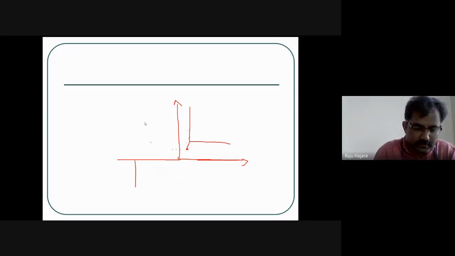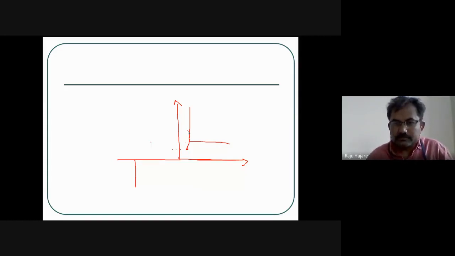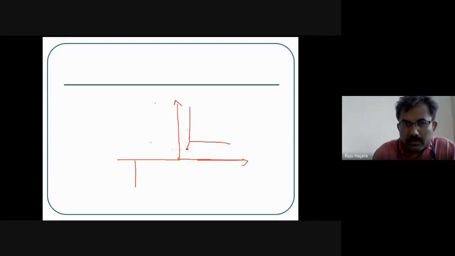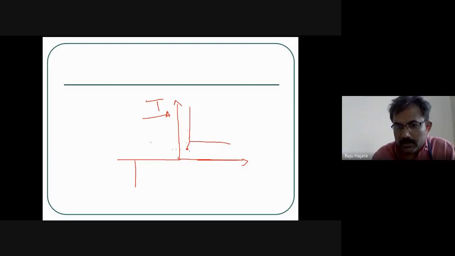Okay, so, yeah, here is a pen. I'll try to complete this diagram, this graph. On the y-axis this is my anode current, and on the x-axis, I have VAK.